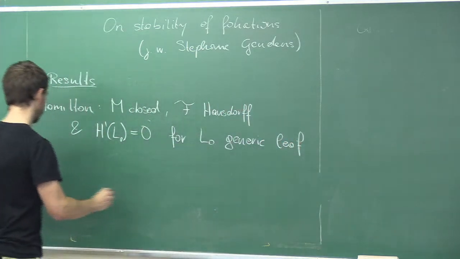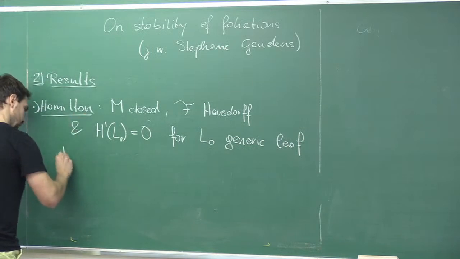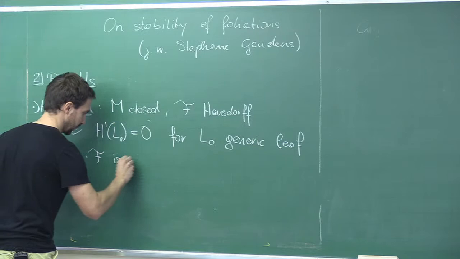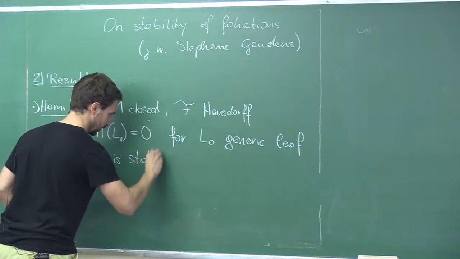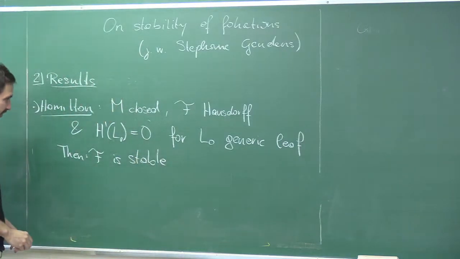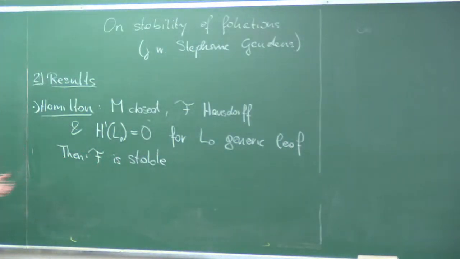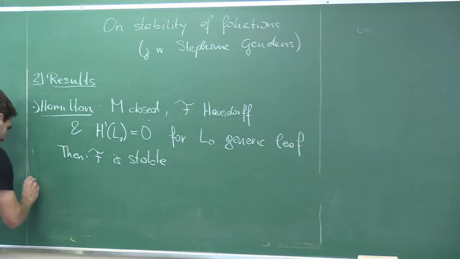The statement is that if this holds, then the foliation is stable. This result is unpublished because around the same time, Epstein and Rosenberg proved something significantly stronger.